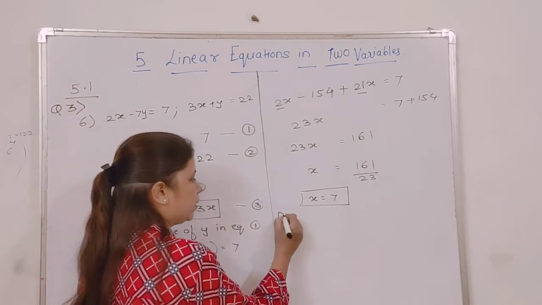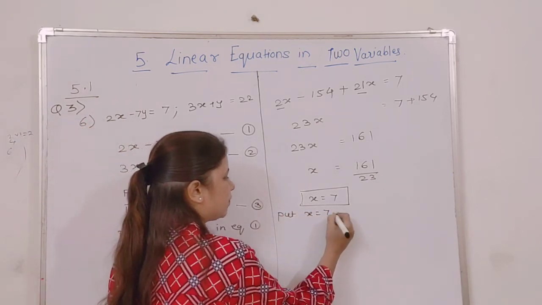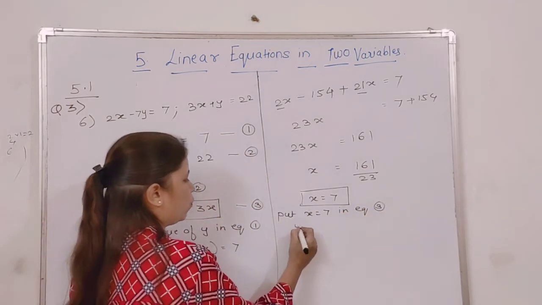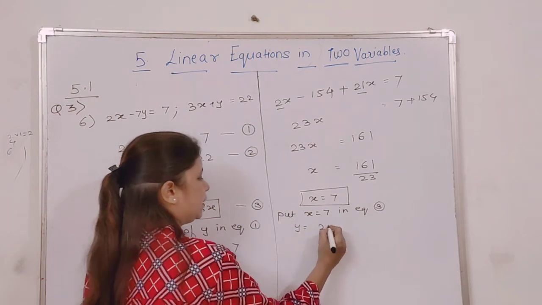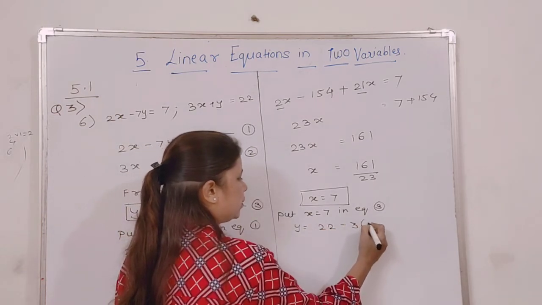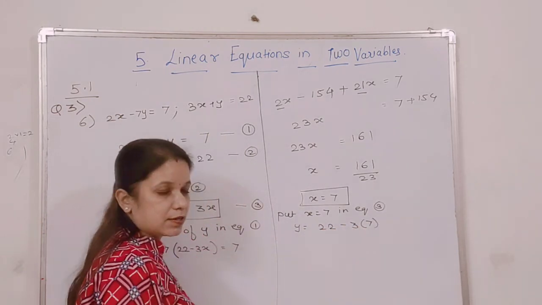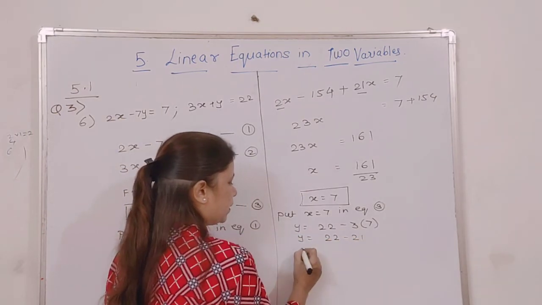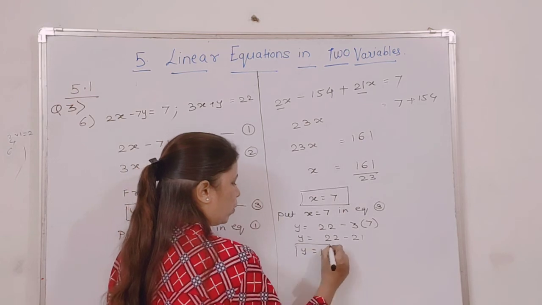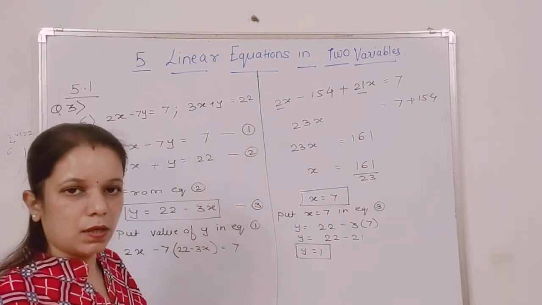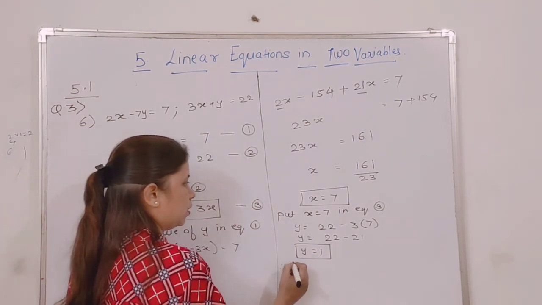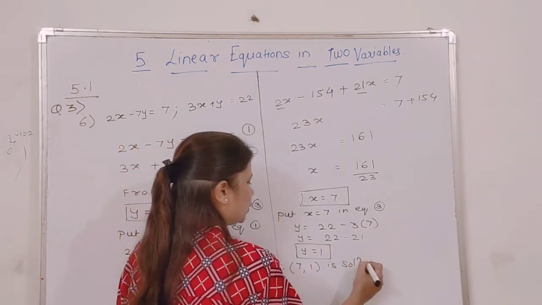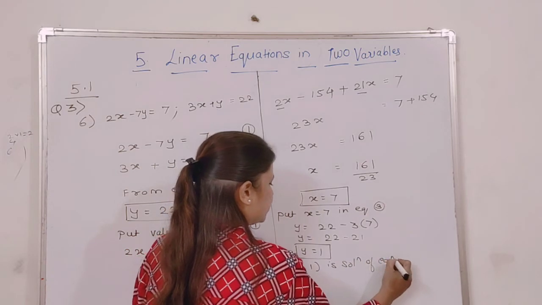So put x is equal to 7 in equation 3. So here y is equal to 22 minus 3 into x. X is 7. So y is equal to 22 minus 21, and y is equal to 1. Therefore, 7, 1 is the solution of the equations.